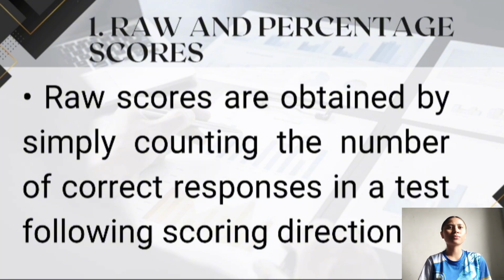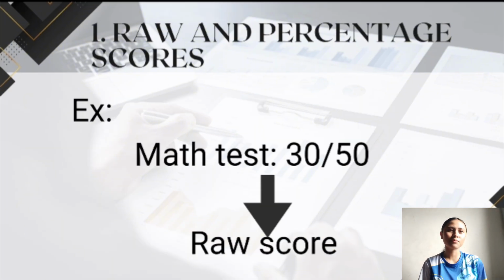Raw scores are obtained by simply counting the number of correct responses in a test following scoring direction. For example, if there are 50 items in the math test and the student got 30 correct responses, the raw score is 30 over 50.